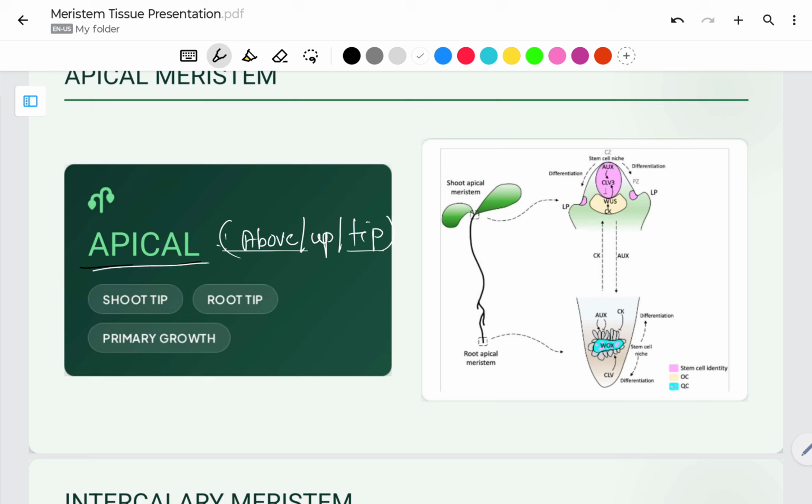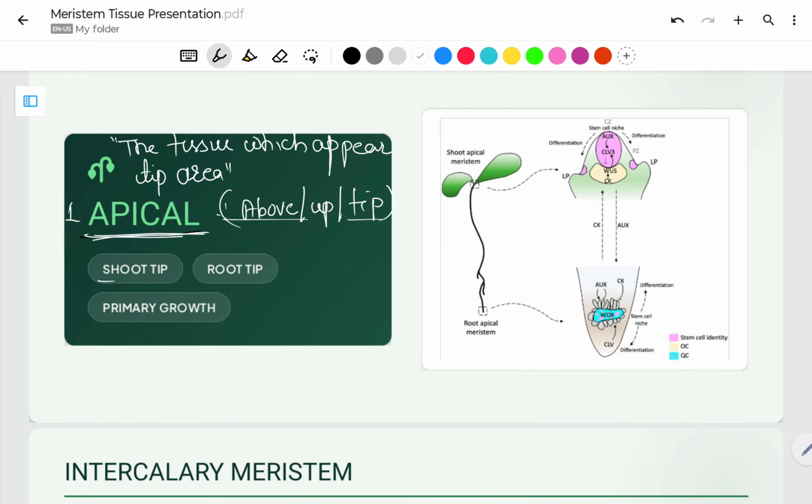This is the first type. Where does it occur? In the shoot tips, root tips, and primary growth.